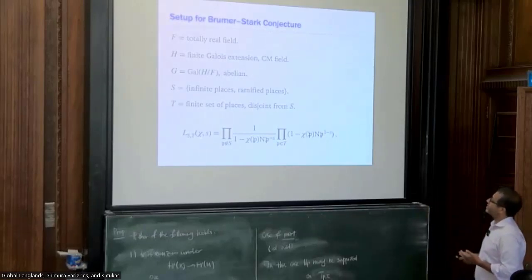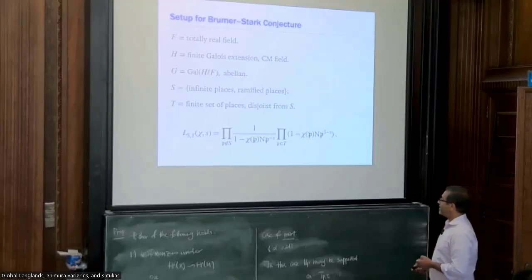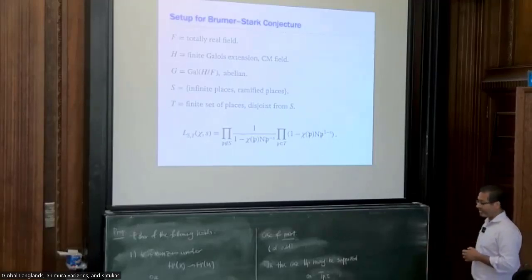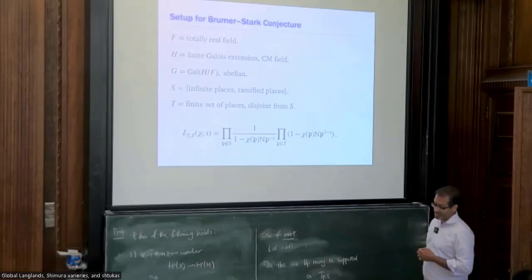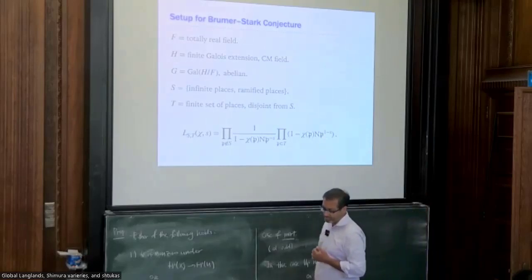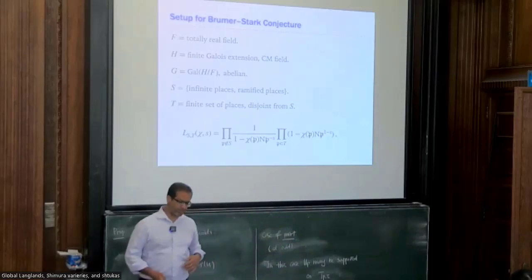So chi is a complex character of G. And we have the usual L function defined by an Euler product, and we take it over primes not in S. And then there's this smoothing factor associated to the primes in T, and I'll just describe what role that plays later. It just looks very much like the Euler factor, except it's norm P to the 1 minus s rather than just minus s. Okay, this is some factor introduced by Deligne.